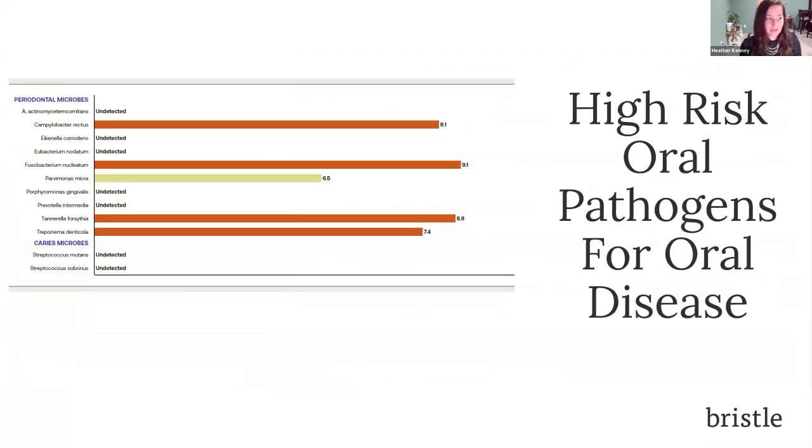We also have a high risk score, because I know a lot of you who are using other tests like to just get to the point and want to know more about those red complex pathogens and the caries microbes as well, even though Strep mutans is not the only bacteria in the mouth that causes cavities. We give you a nice little overview for a quick view of what you might be at risk for with these pathogens.